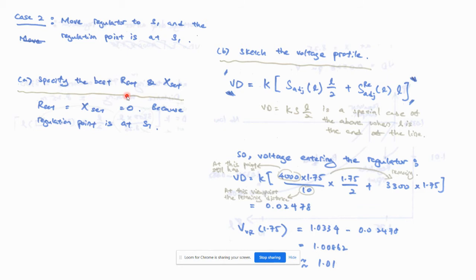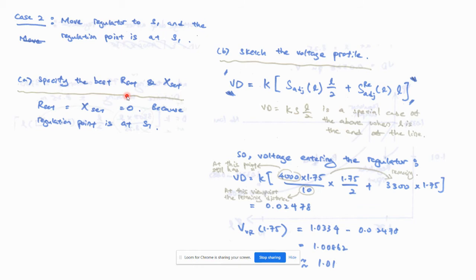It is also to mention to you that in this example, I'm moving the regulator down the feeder, but I'm still not performing any active regulation, okay? So the regulator just moves from S equals 0 to S equals 1.75 and we see what the effect is. So I set the R and X setting to be 0.